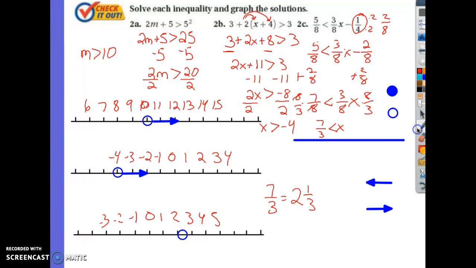I can even mark it, 2 1/3, and then 7/3 is going to be less than all values of x. X has to be greater than that, so I'm actually going to go in this direction this time. Okay.